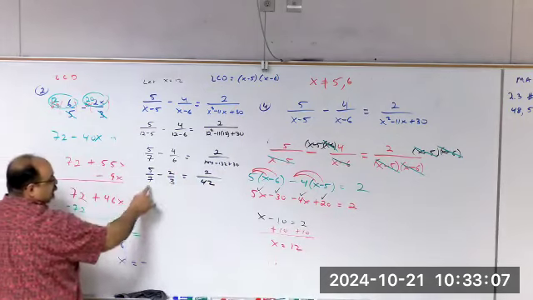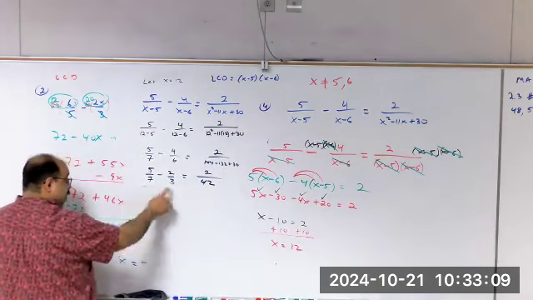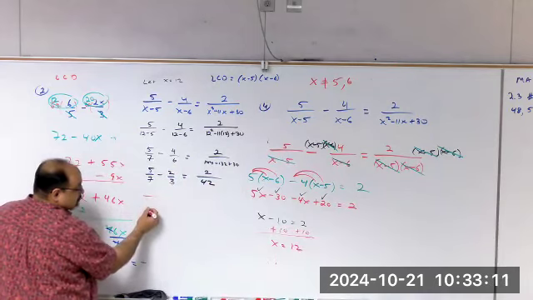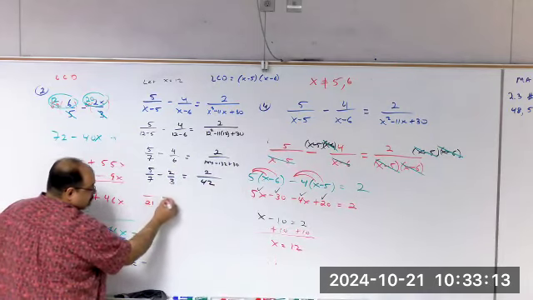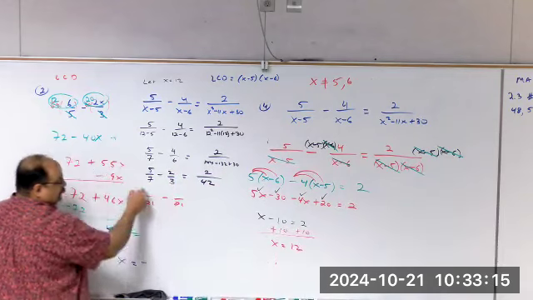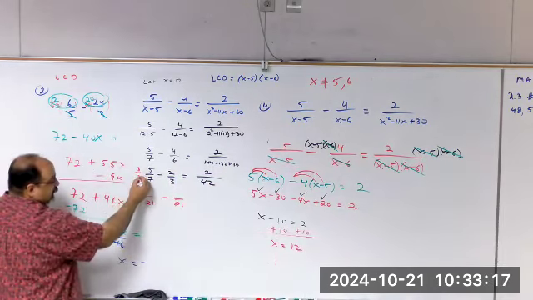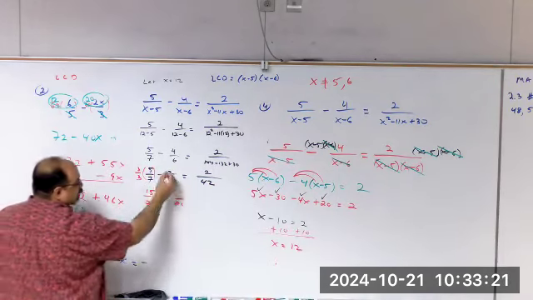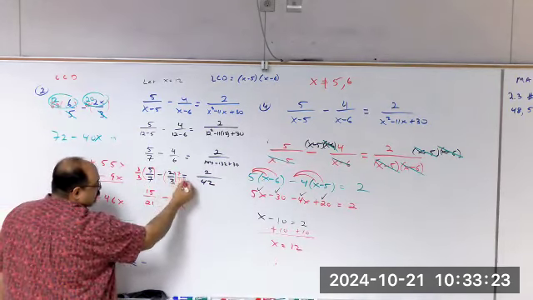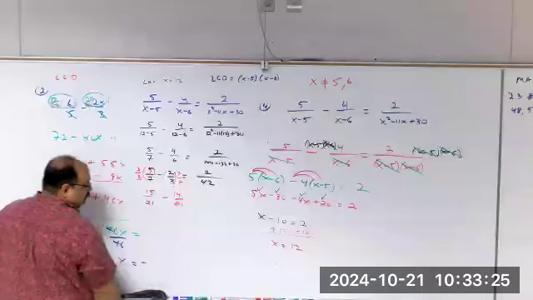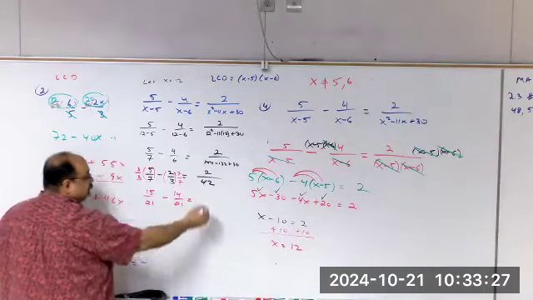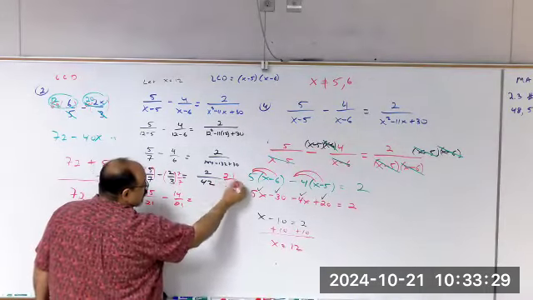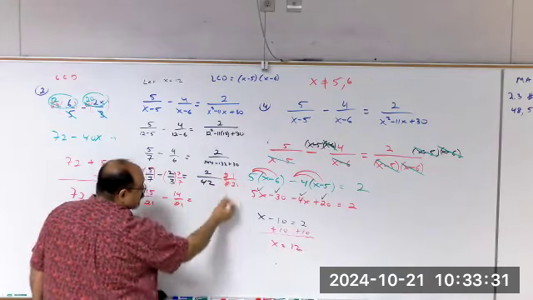What's a common denominator for 7 and 3? 21. So we have to multiply this by 3 over 3. That gives us 15 over 21. And this one times 7 over 7. And that gives us 14 over 21. And this is 2 times 1 over 2 times 21.